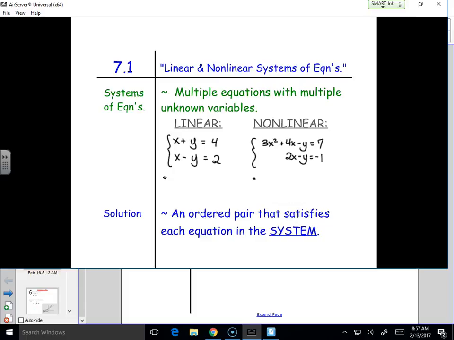Why on earth would you need two equations if you're missing two unknowns? You don't have enough information if you only have one equation, right? You can solve one equation for one variable, or two equations with two variables, or three equations with three variables, matrices. Anyways, it's coming back.